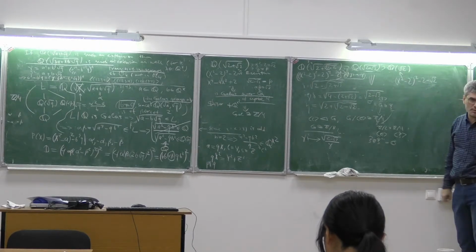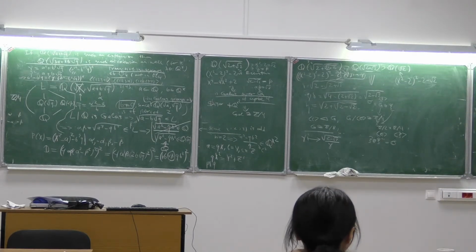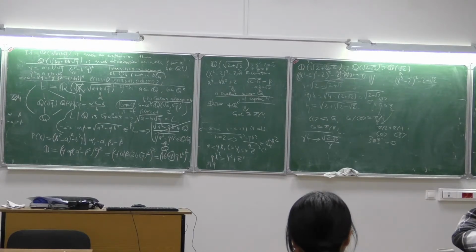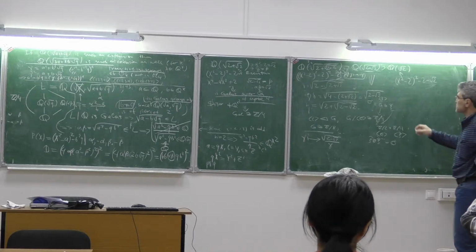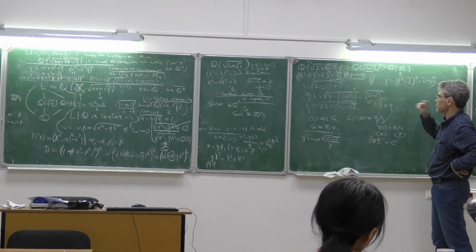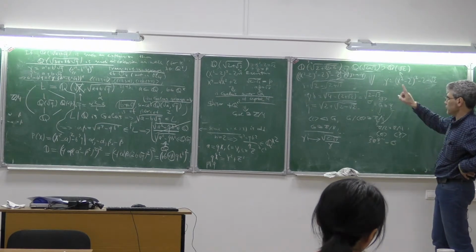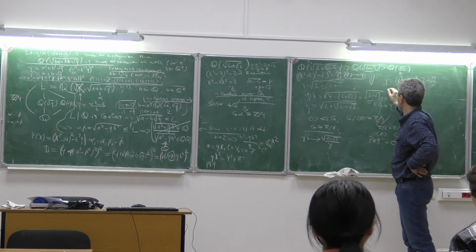If we look at the minimal polynomial over the bigger field, then they will be different. So this is gamma, and you mean this one, eta.